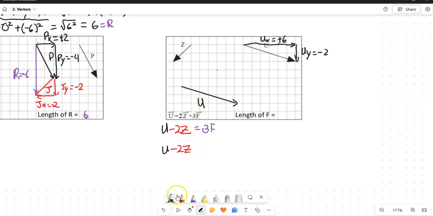Okay. Now we're going to add 2 of the z vectors. Now the z vector is pointing down and to the left, so a negative z vector has to be pointing up and to the right. So we need 1 of those. So this is negative z, and 2 of those. Negative z.